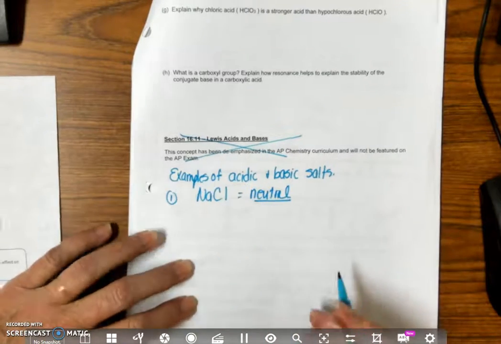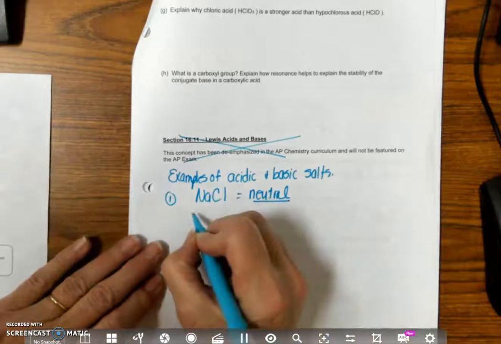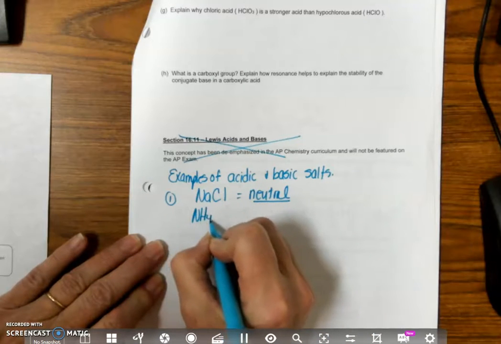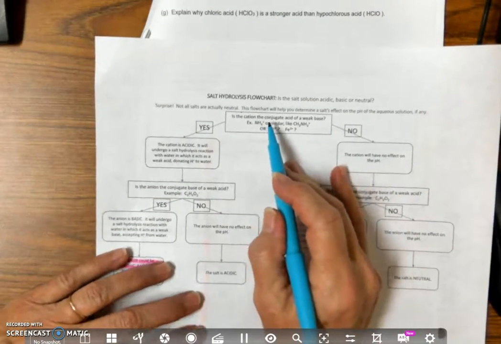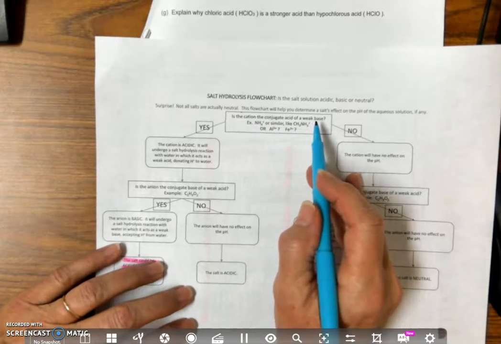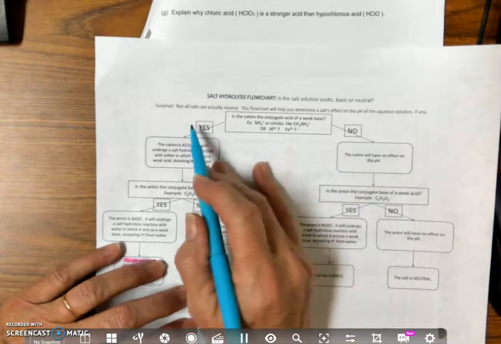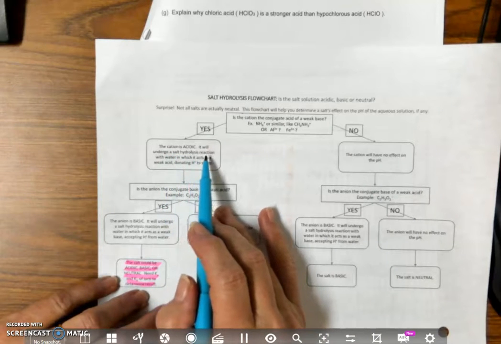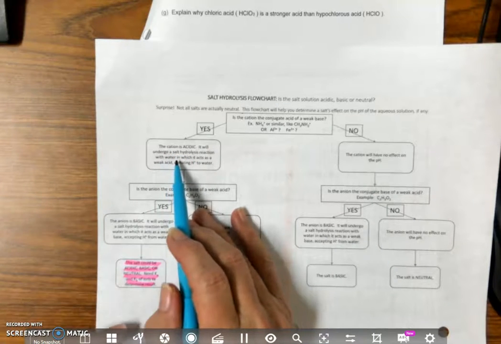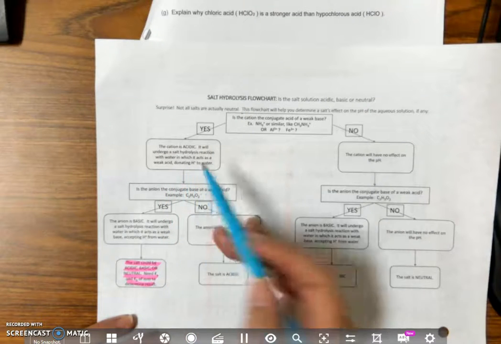All right, let's do another one. What about this one? Okay, this is ammonium chloride. I go up here. Is the cation the conjugate acid of a weak base? It is. It's ammonium. So I'm over here. The cation is acidic. It will undergo a hydrolysis reaction in water, which we just saw, and it will donate a proton.